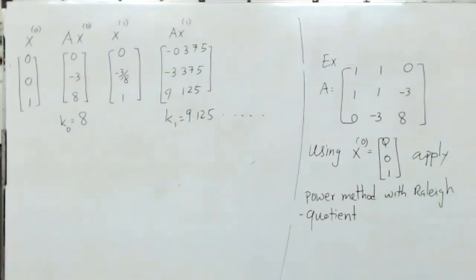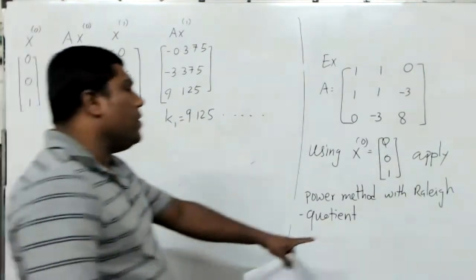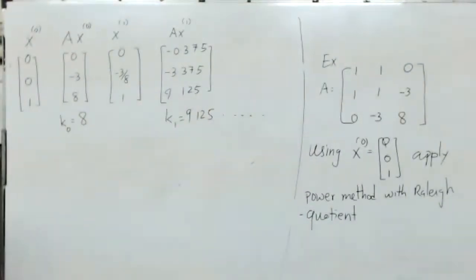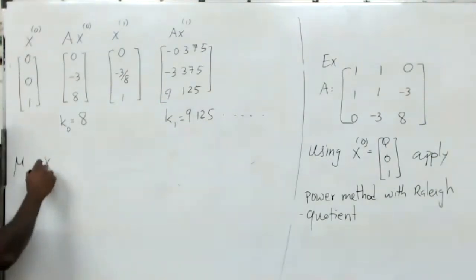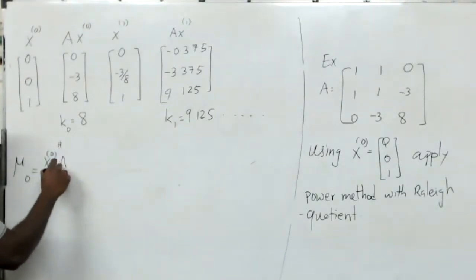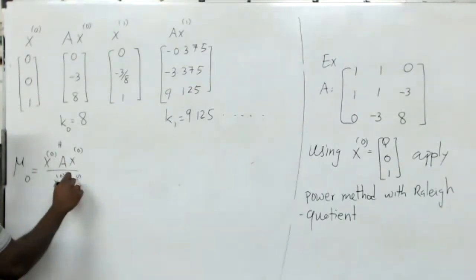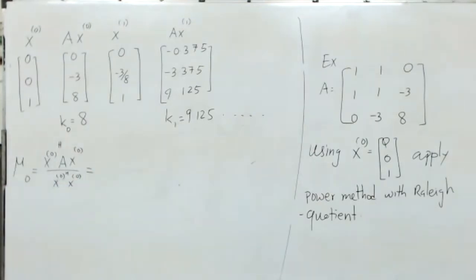But here they say do the power method with Rayleigh quotient. So we will compute the Rayleigh quotient in parallel. We compute mu naught, and you know the formula for mu naught: x naught Hermitian A x naught divided by x naught Hermitian x naught. This is again matrix multiplication.